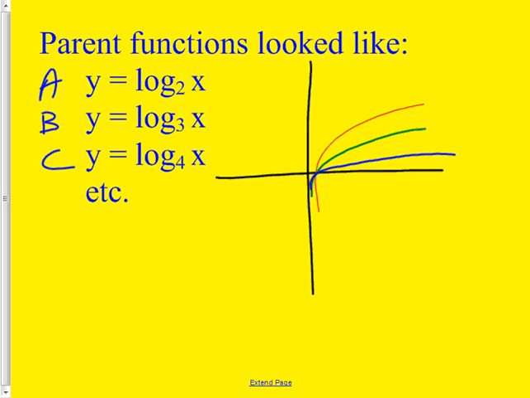Is the red picture I drew more like A, B, or C? This is like A. This is like B, and this is like C. How can I tell? Because the one with the biggest base has the tightest turn. Turns really sharply compared to the others. So the bigger the base is, the tighter the turn it makes.